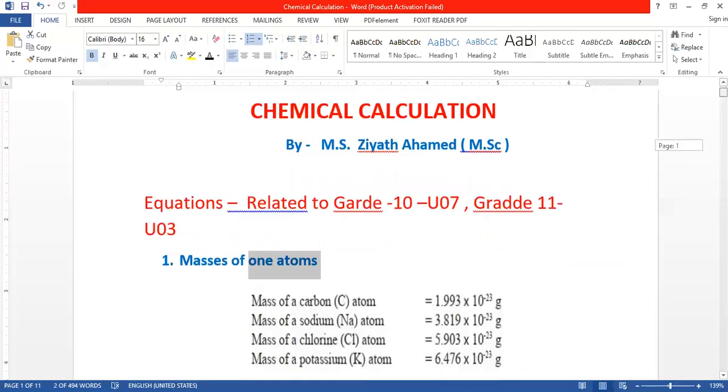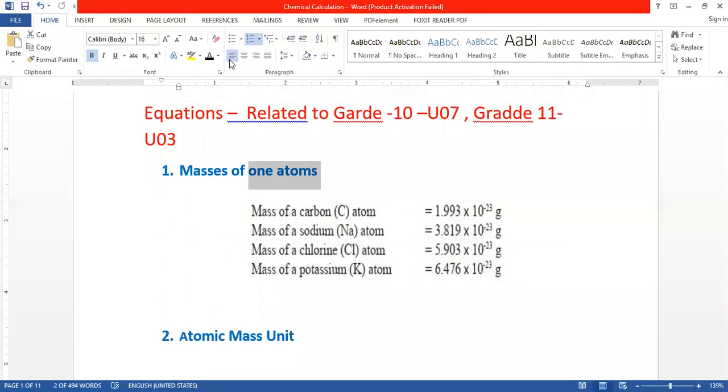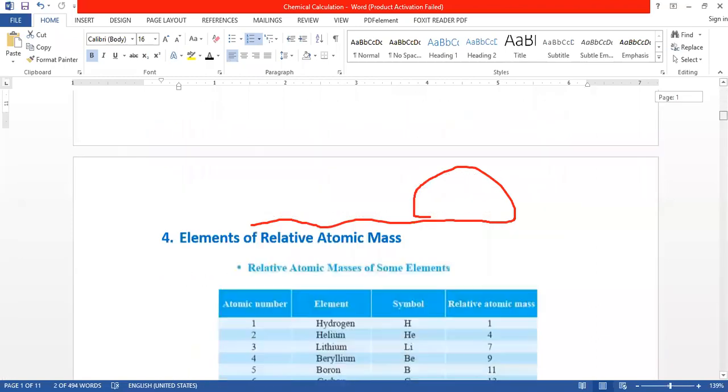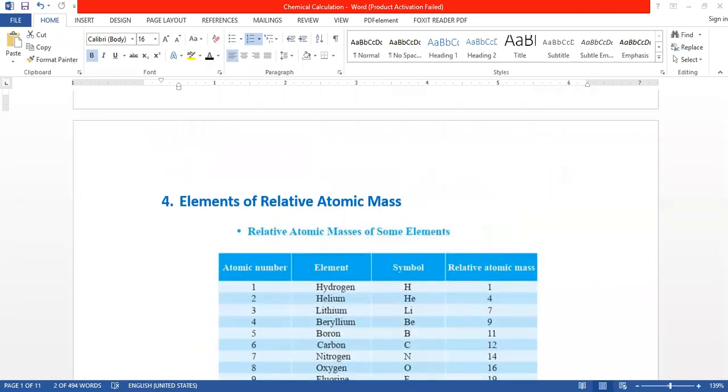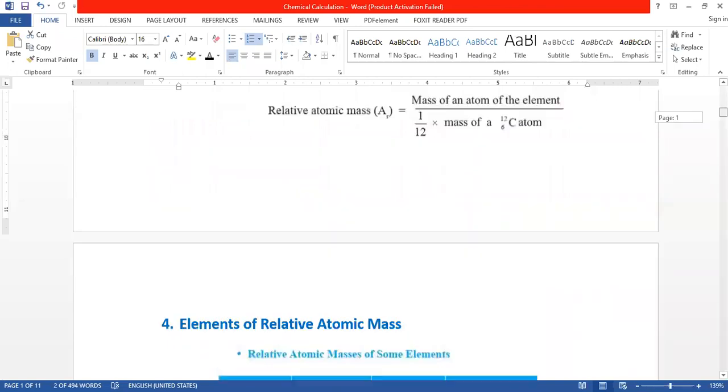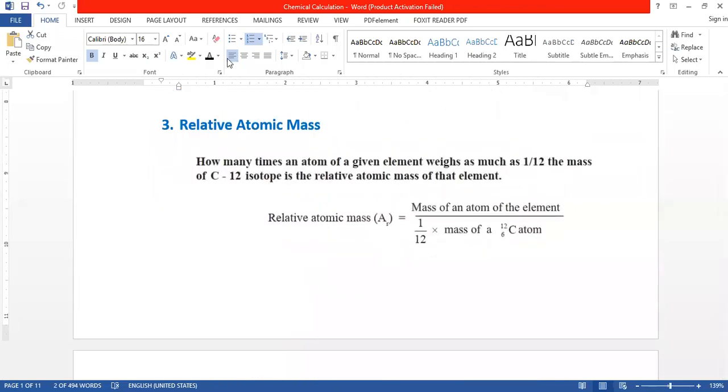Look at this one. For example, the mass of a carbon atom is 1.993 times 10 to the power minus 23. I'm going to find the relative atomic mass of carbon. So how do I write it?